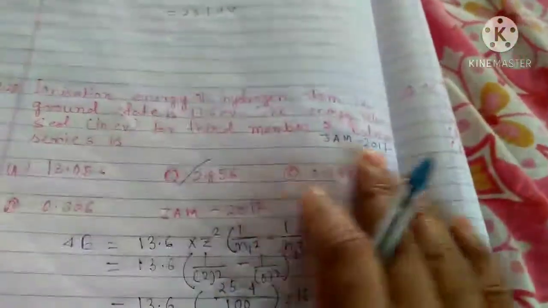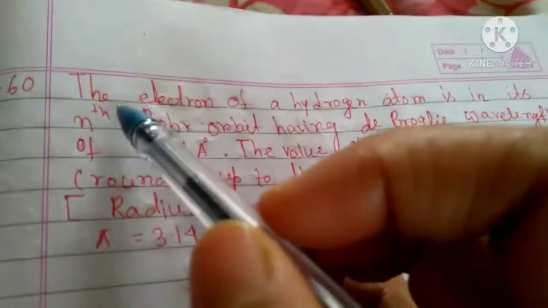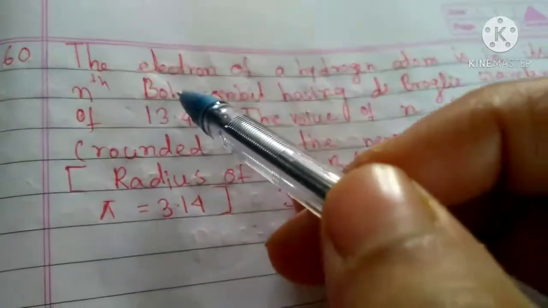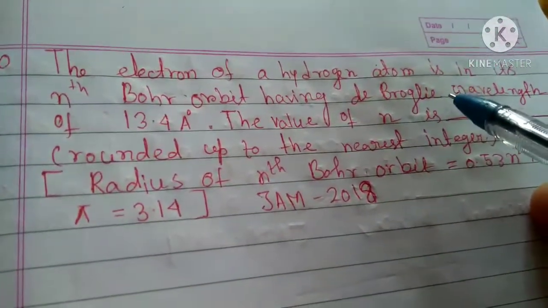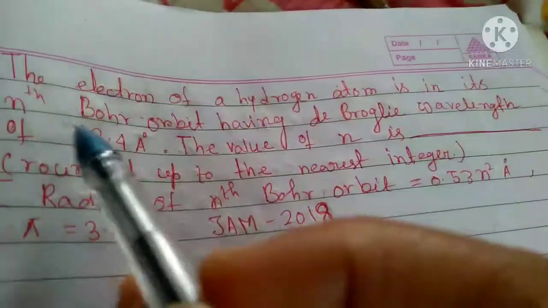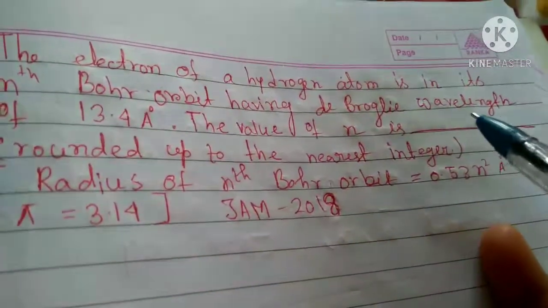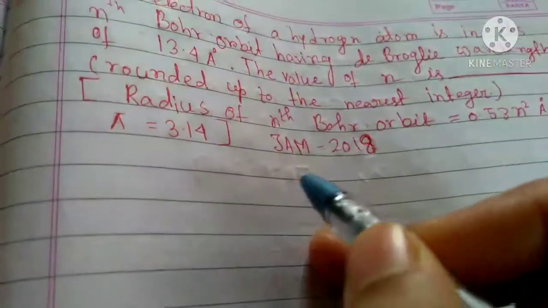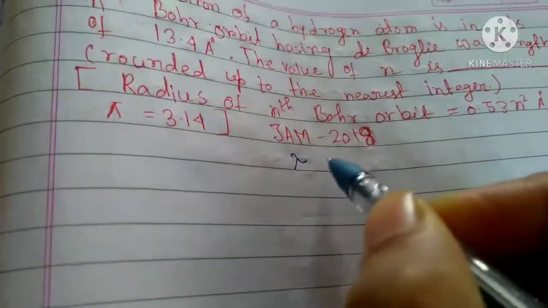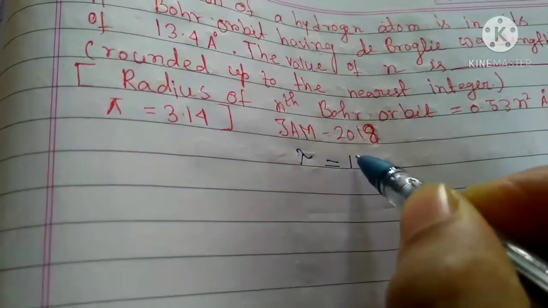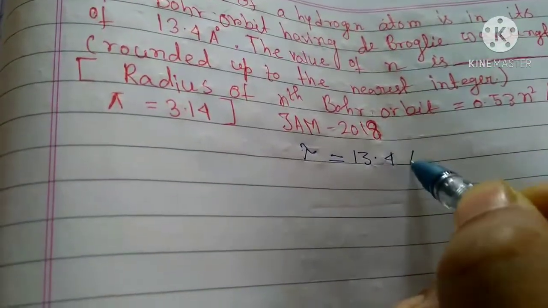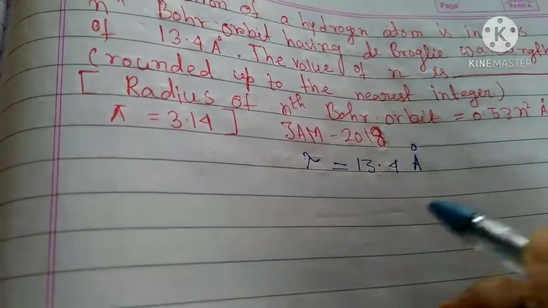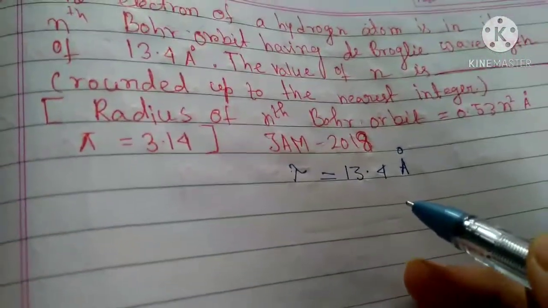Okay, next question. The next question came in JAM 2018, question number 60: the electron of a hydrogen atom is in its nth Bohr orbit having de Broglie wavelength lambda equal to 13.4 Angstrom. Angstrom, you know, is 10 to the power minus 8 cm.